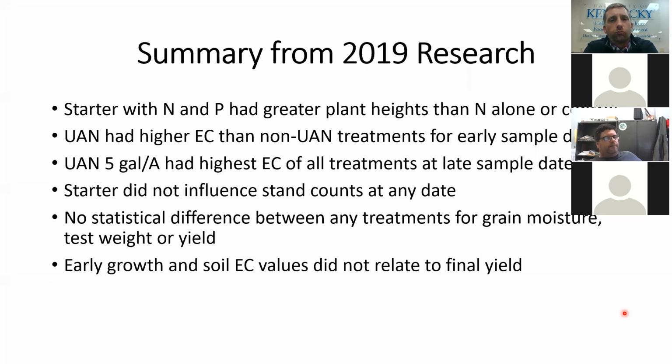And starter really didn't influence stand counts at any date. I didn't show that data, but not much going on there. No statistical difference between any of the treatments for grain moisture, test weight, or yield. So what we concluded based on the data set we have, early growth and soil electrical conductivity values did not relate to final yield. That's the story for 2019.